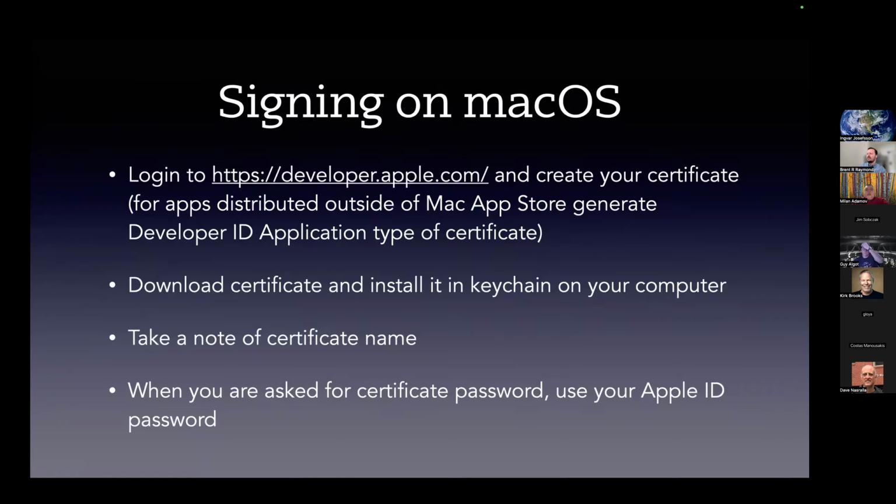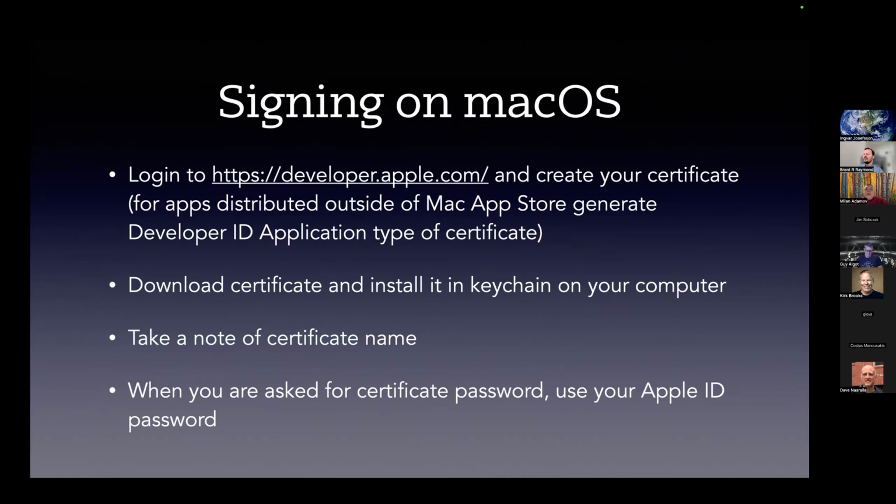So you need to create a certificate, and you choose the type for the certificate. Since I suppose nobody will distribute 4D applications through the Mac App Store, I didn't hear that anybody did this, but for applications that you are going to distribute outside of the Mac App Store, you need the Developer ID Application type of certificate.